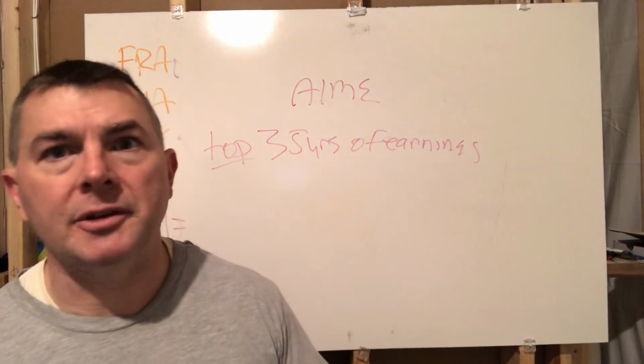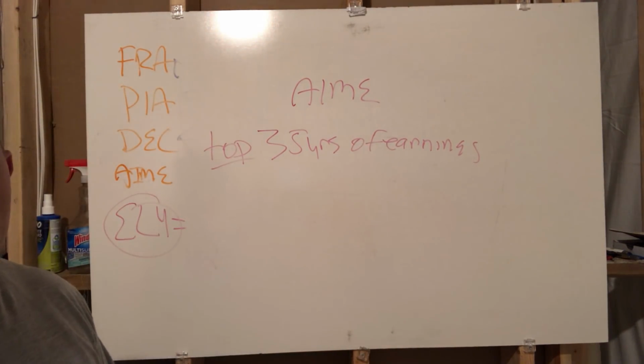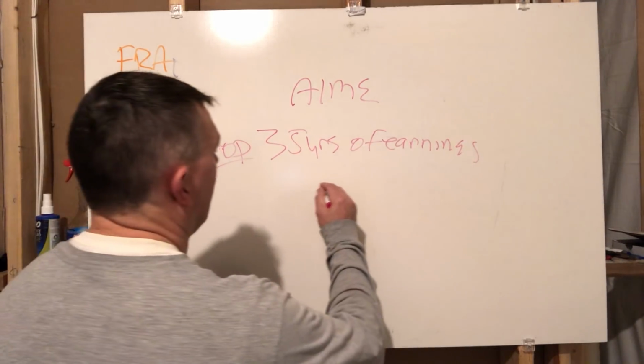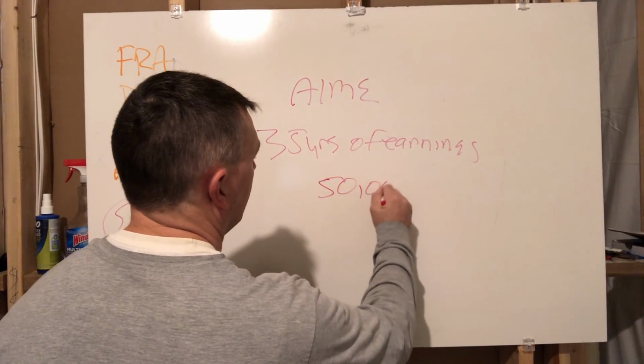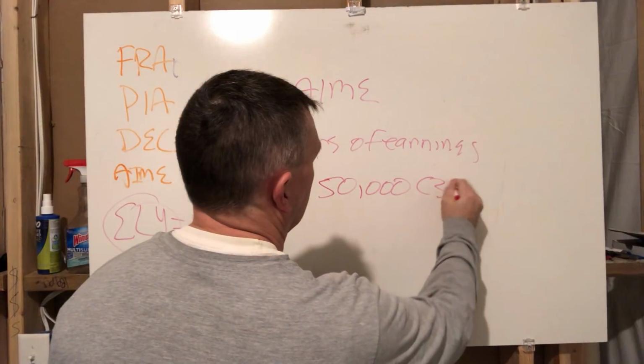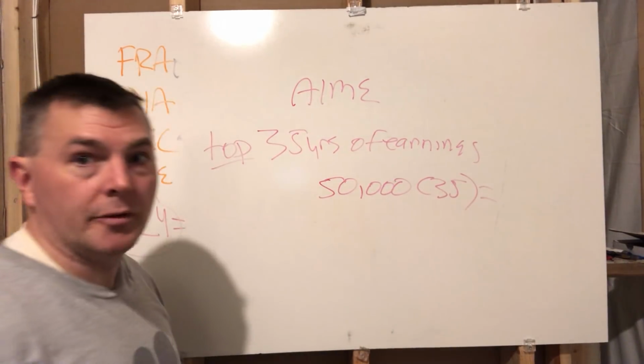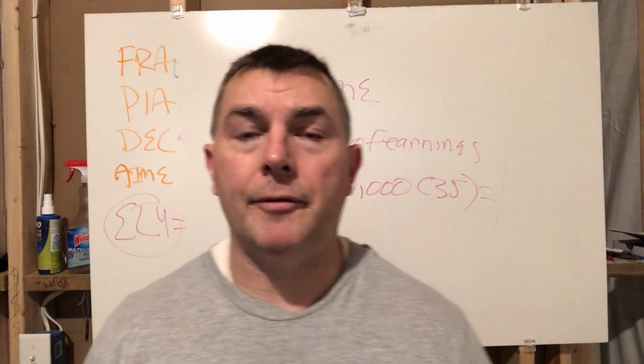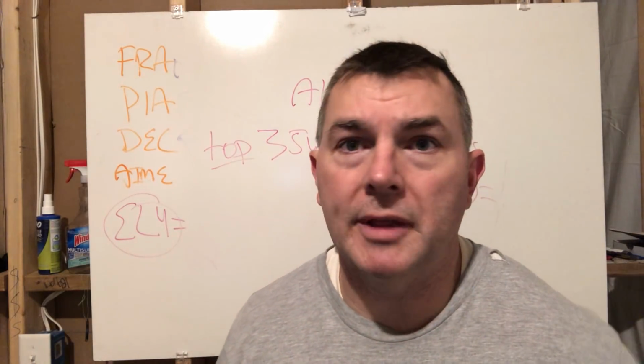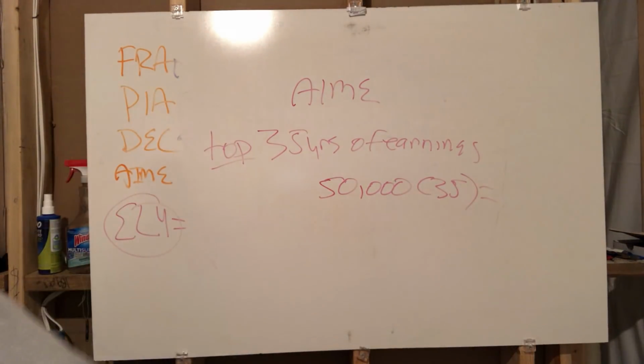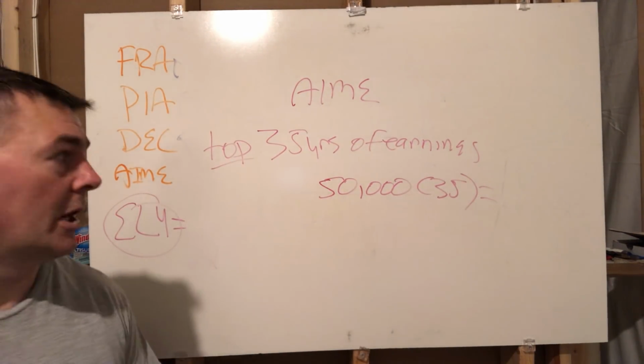So let's just say, for simplicity, you have 35 years of work and you made $50,000 a year. Those have all been inflated. So that $50,000, say, was $24,000 in 1989 or whatever it is. I don't know. You just go on socialsecurity.gov. It'll tell you all that.